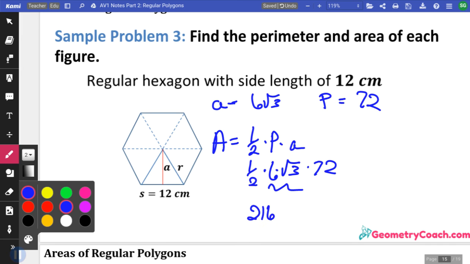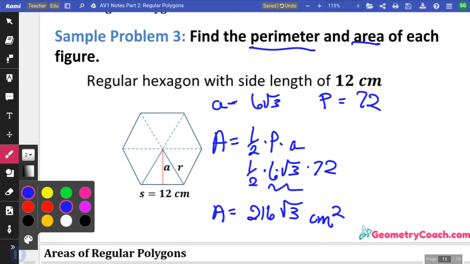So 216 times root 3 is our area. You don't have to be more exact than that unless it tells you to round. You can just leave it in radical form. So we found the perimeter, 72, and the area, 216 root 3 centimeters squared. Perimeter is just centimeters.